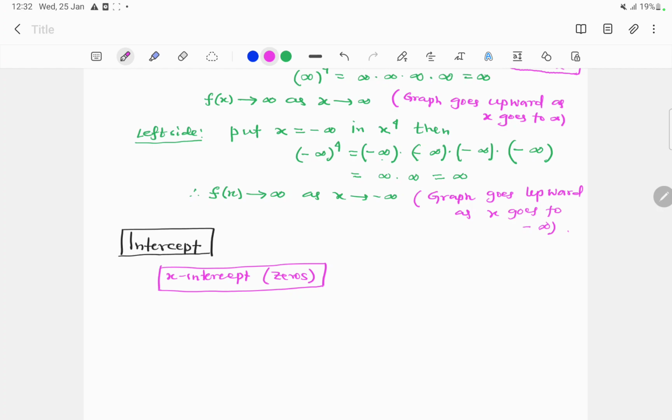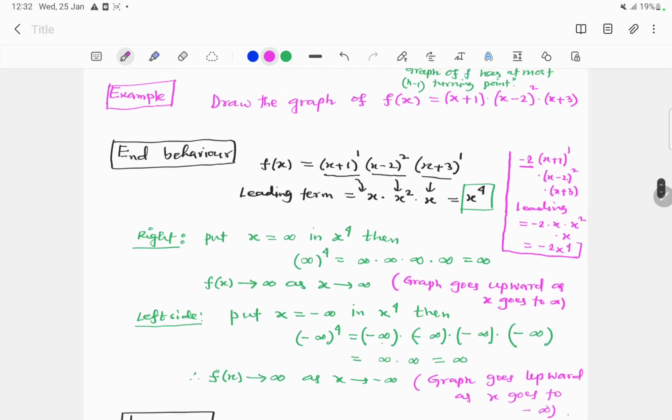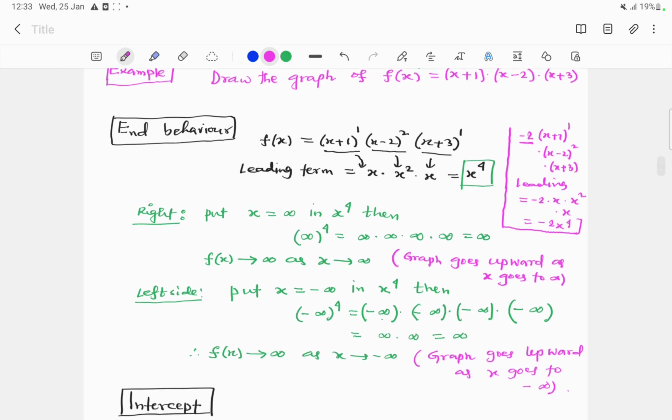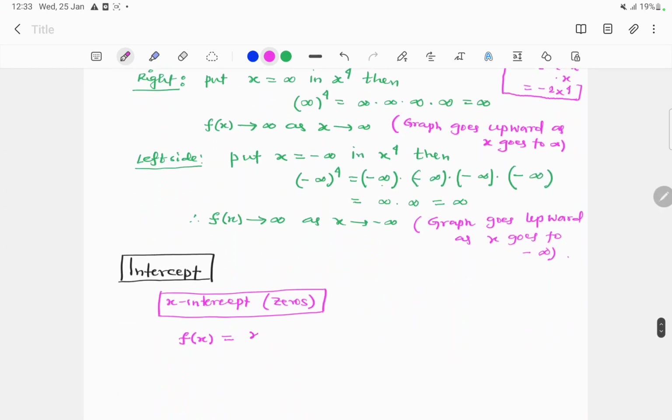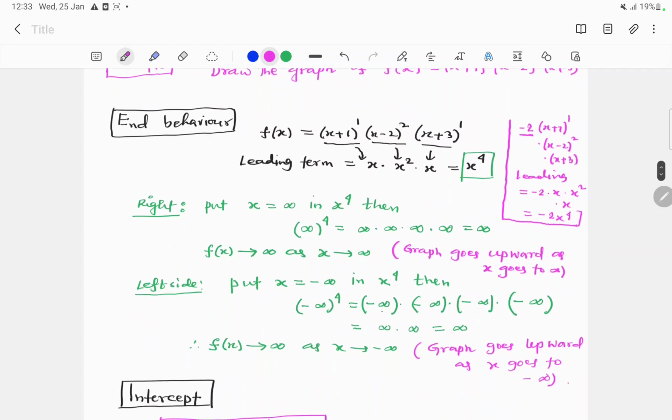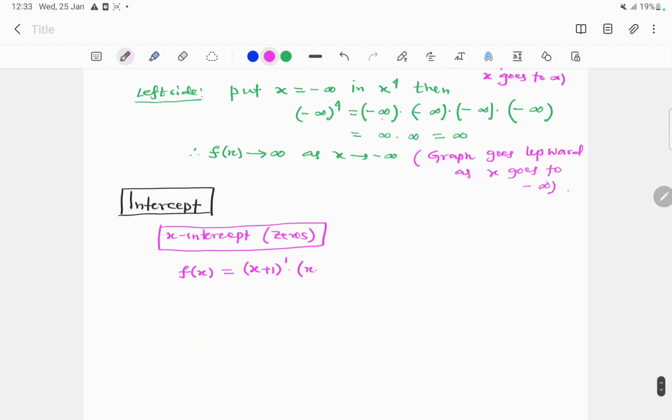Look at the polynomial we have: since it is in factor form, we can proceed directly. If you have a polynomial not in factor form, first you have to convert it into factor form. In factor form we have f(x) equals (x plus 1) times (x minus 2) whole squared times (x plus 3) to the power 1.